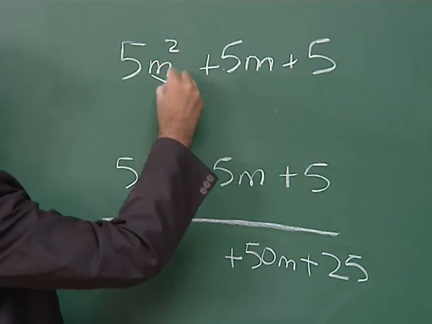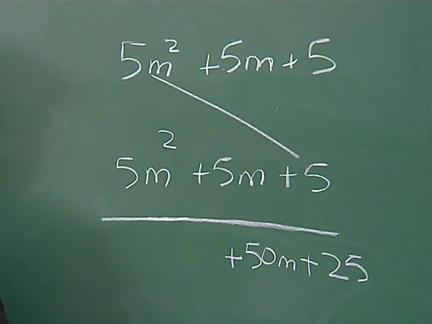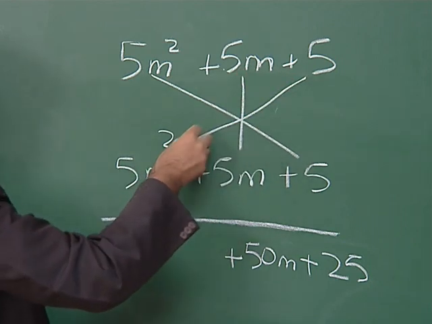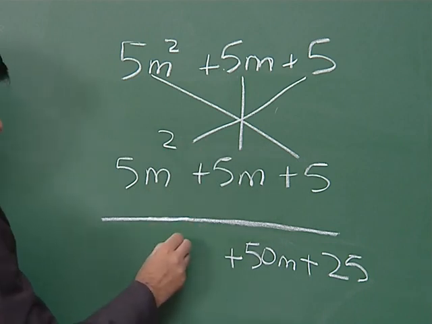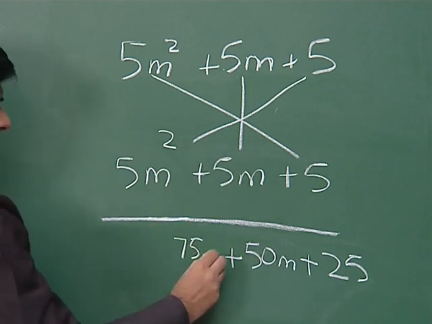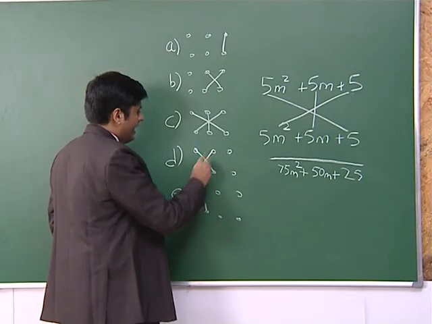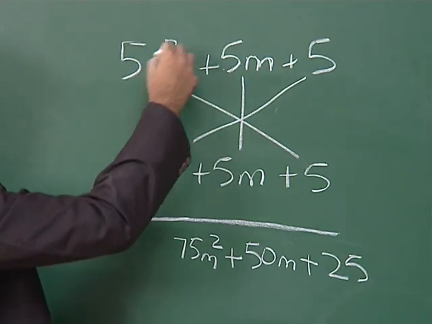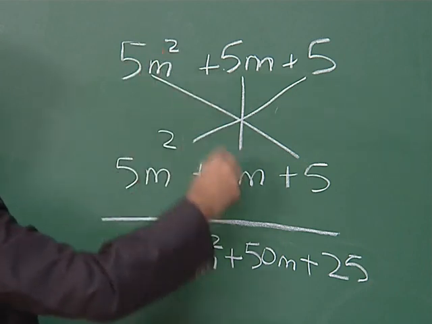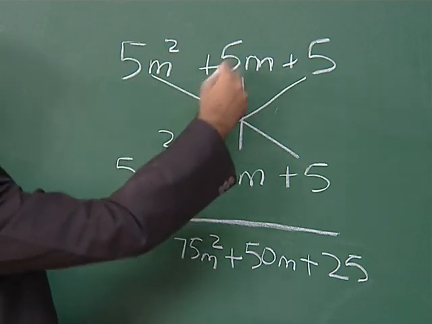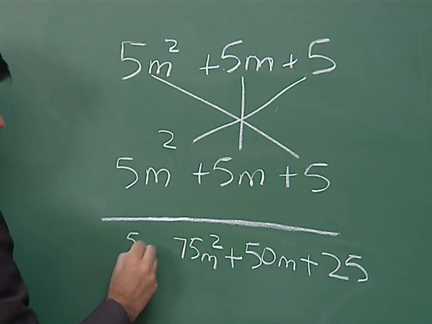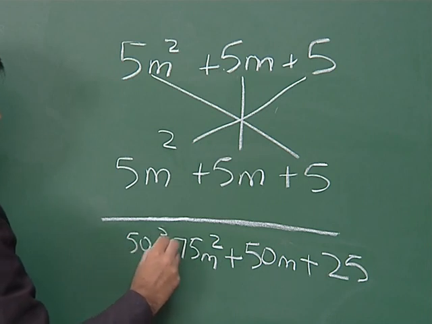So it will be 25m square plus 25m square plus 25m square, that becomes 75m square. Step D will be like this and like this. 25m cube plus 25m cube, that is 50m cube.